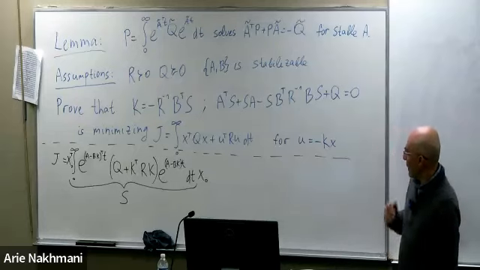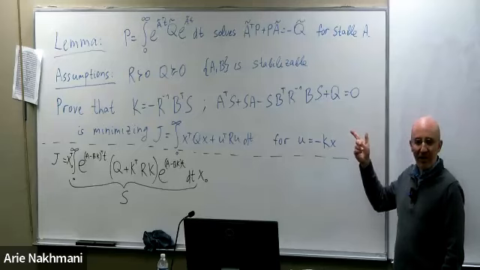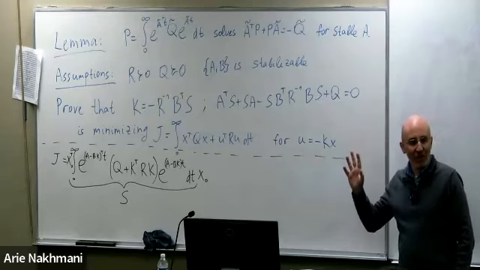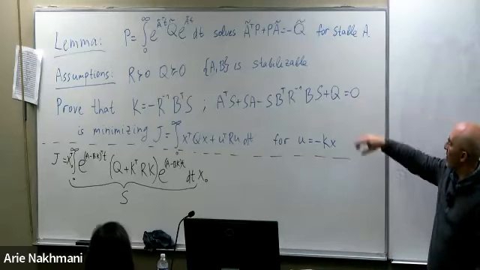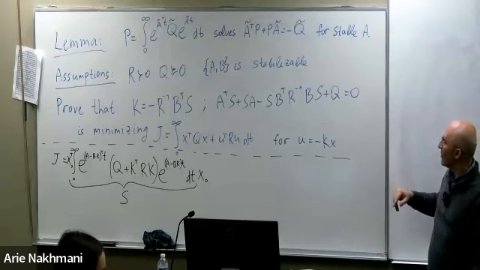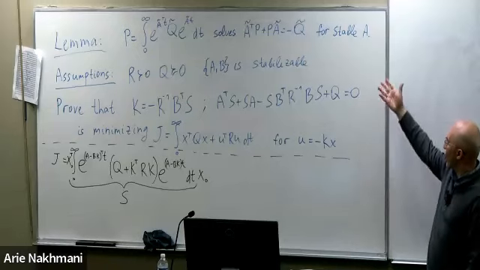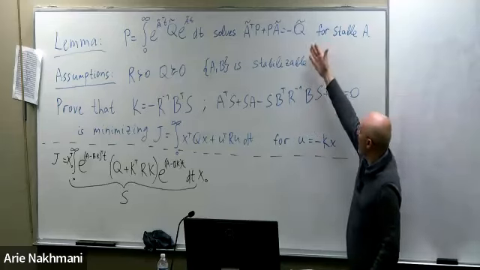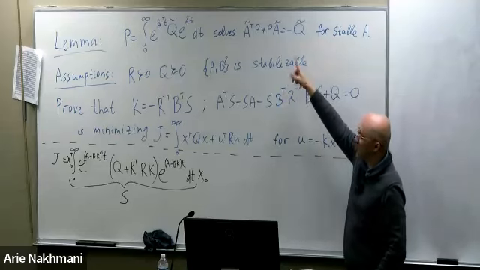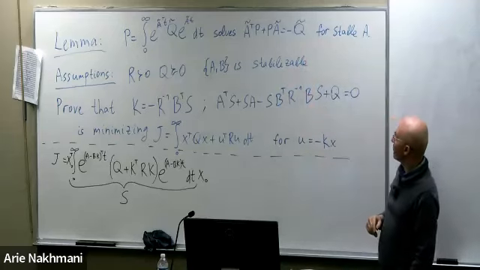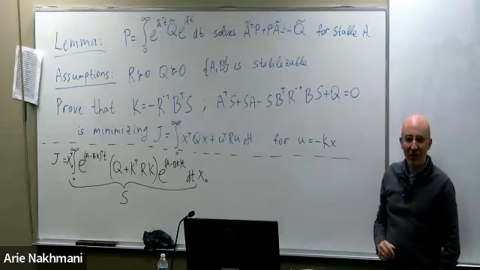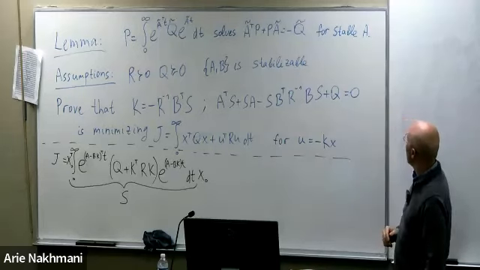Okay, so I summarized here everything we did previous time at the end of the lecture. We proved the lemma, which is saying that the Gramian of controllability is solving the Lyapunov equation for any positive definite matrices P and Q, for any stable matrix A tilde.